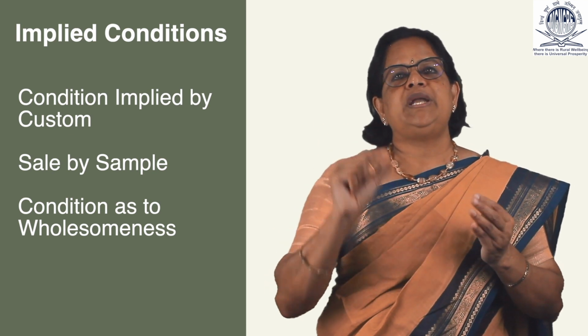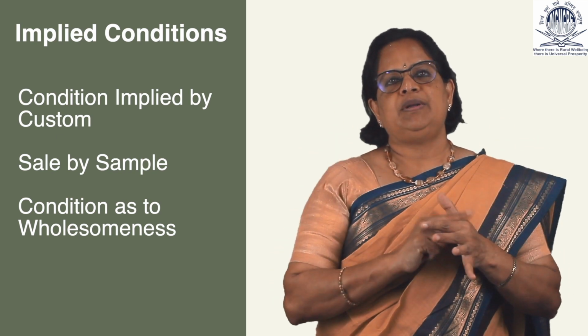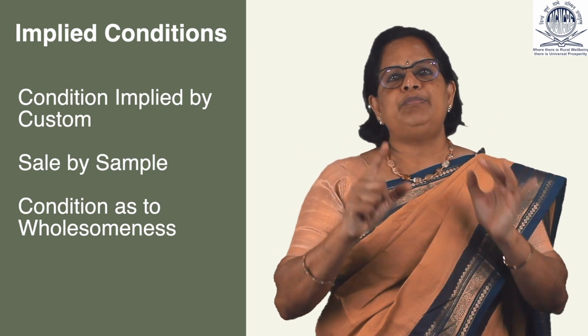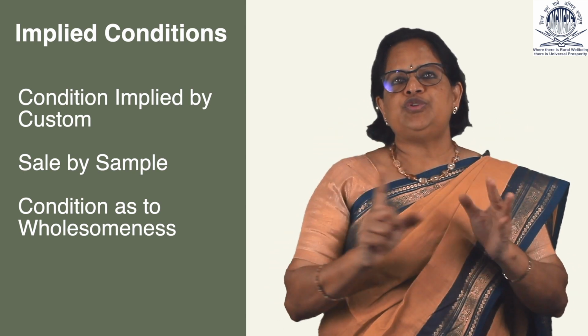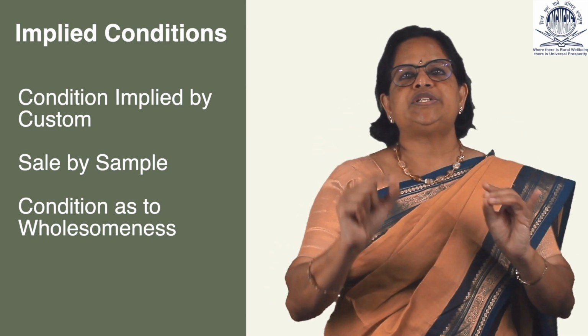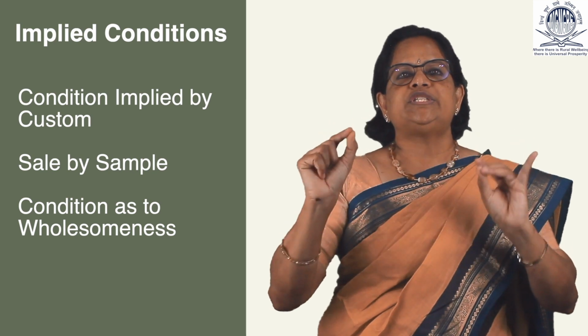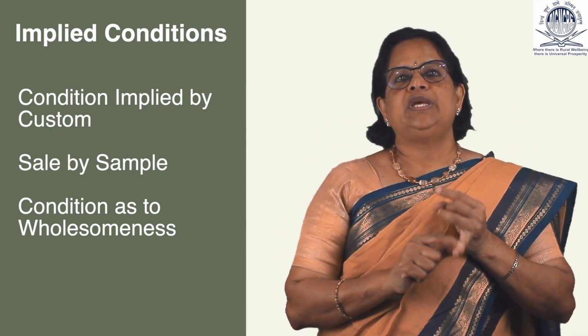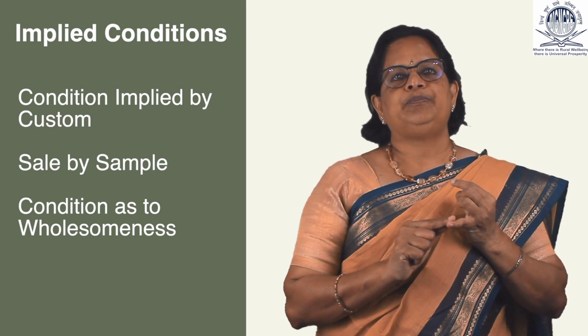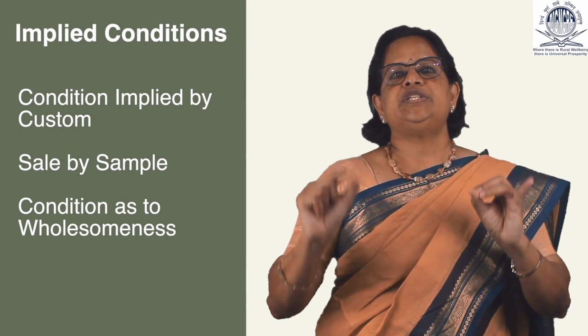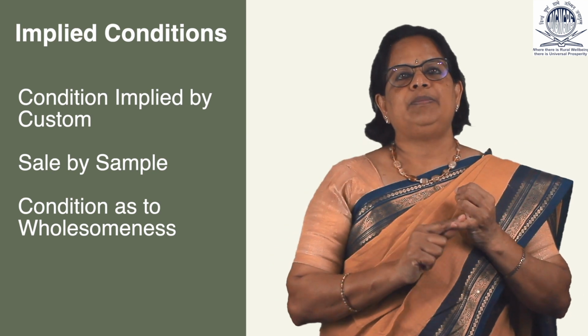The next implied condition is sale by sample, where a sample of the ordered product is provided to the buyer and the parties treat the sample as of a standard quality for sale. There is a condition that the goods will conform to the sample. Such sale is termed as sale by sample.